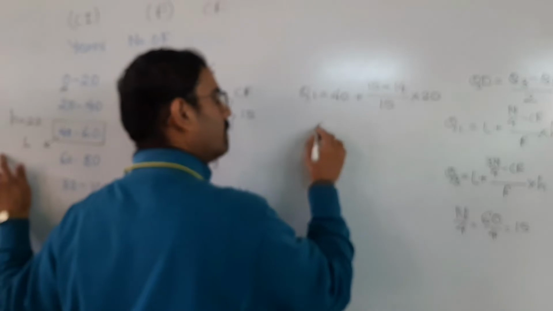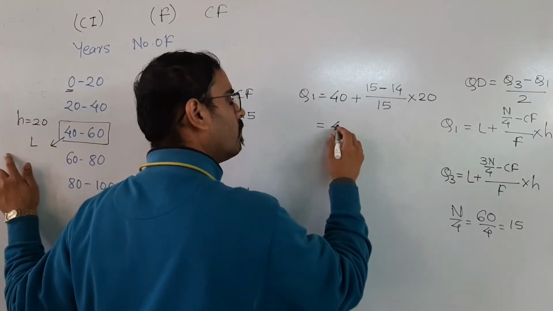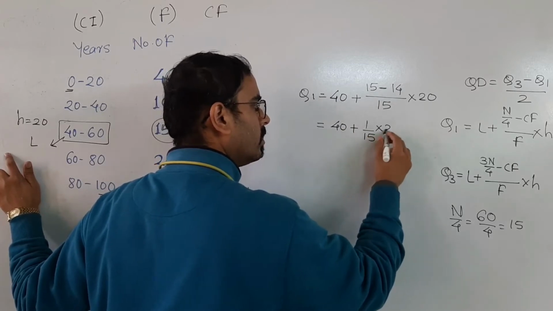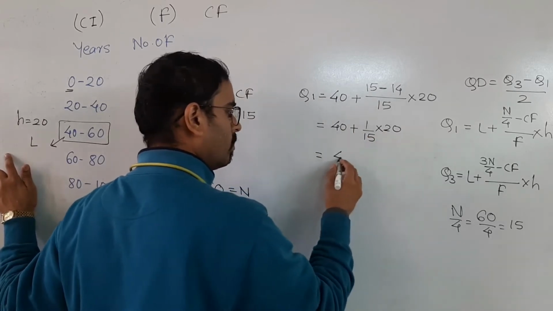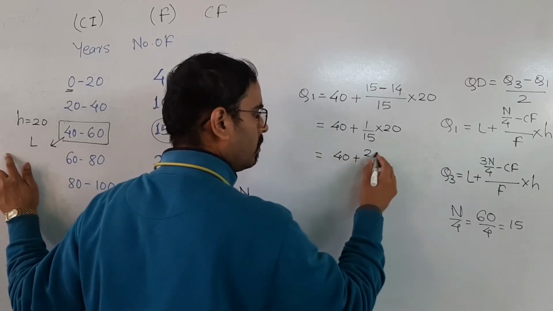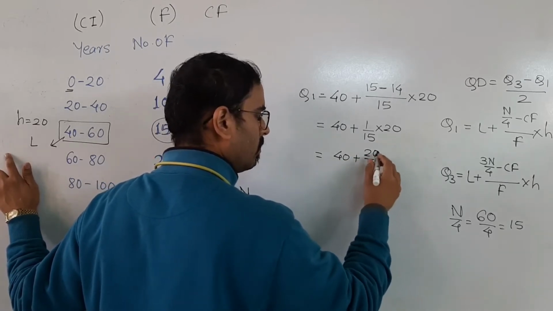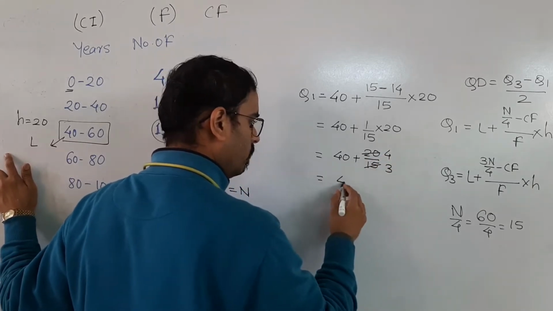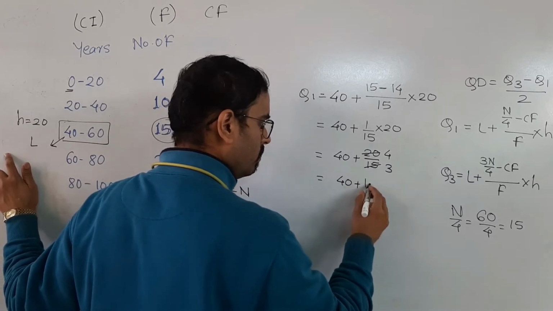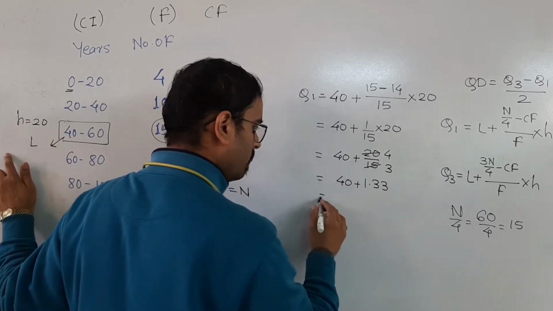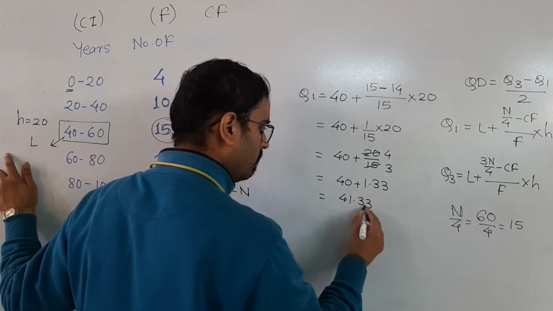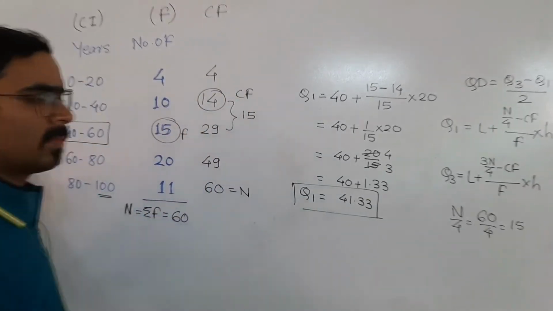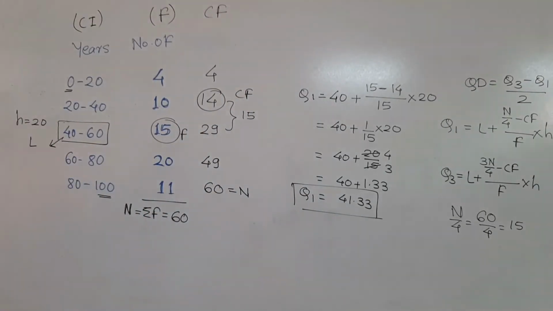So solve and get the value of Q1. 40 plus 1 upon 15 into 20, that is 40 plus 20 upon 15, that will be 40 plus 1.33. 41.33 will be your Q1. So we got the Q1 value.